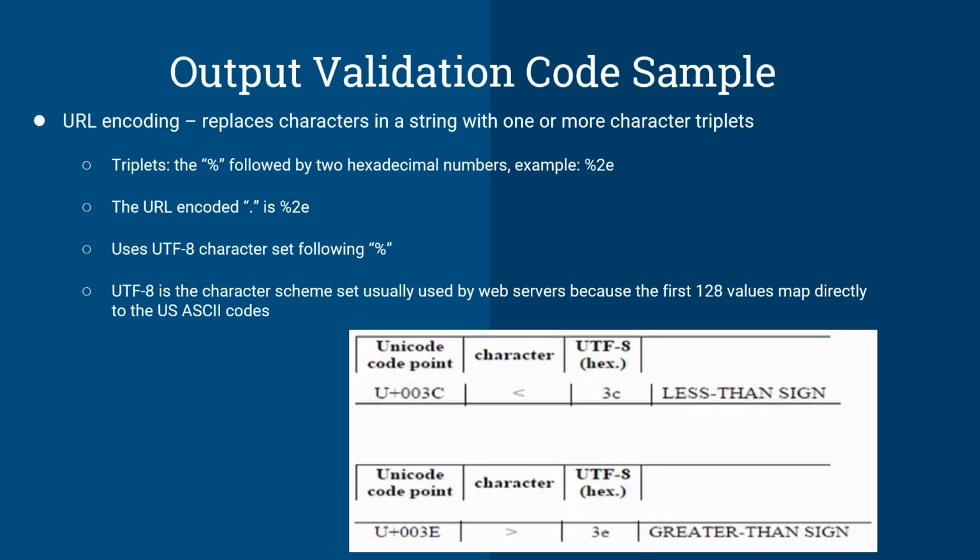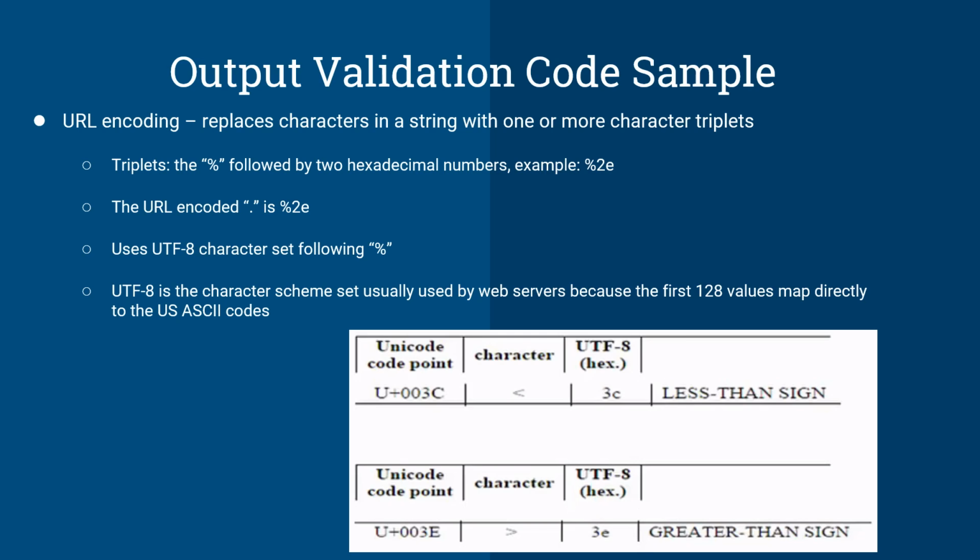You should realize that UTF-8 is the dominant character set generally used these days for URL encoding, and the main reason is that the first 128 values of UTF-8 map directly to the US ASCII codes. In the example below, you can see the Unicode point, the actual character literal, and then the UTF-8 hexadecimal number.